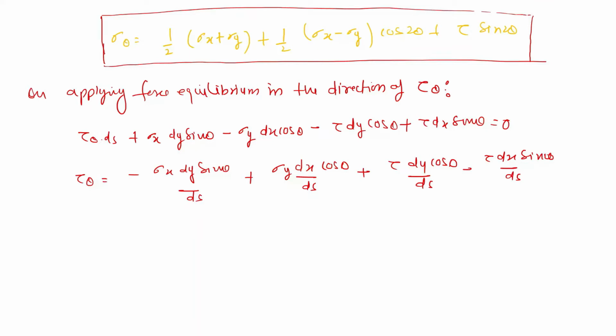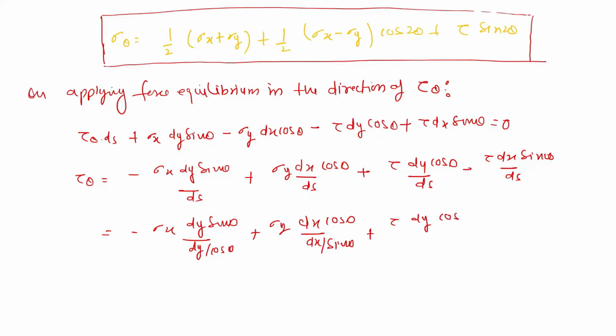We get minus sigma x dy sin theta over dy over cos theta, plus sigma y dx cos theta over dx over sin theta, plus tau dy cos theta over dy over cos theta, minus tau dx sin theta over dx over sin theta.